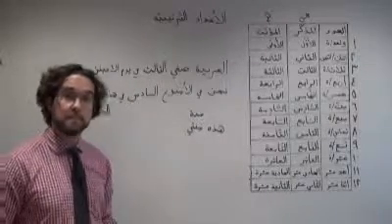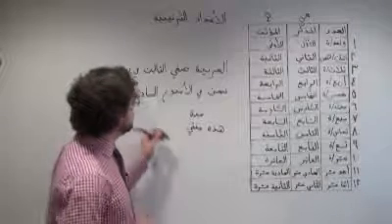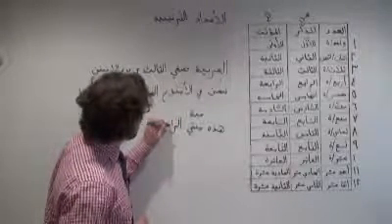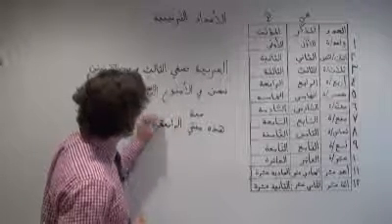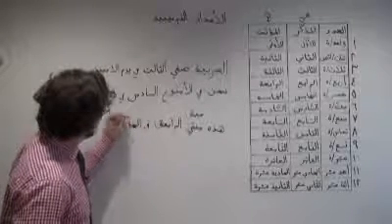We're going to need to have it agree. So if we're describing it as a 4th year, we would have to say سنتي الرابعة with the ta marbuta في الجامعة.